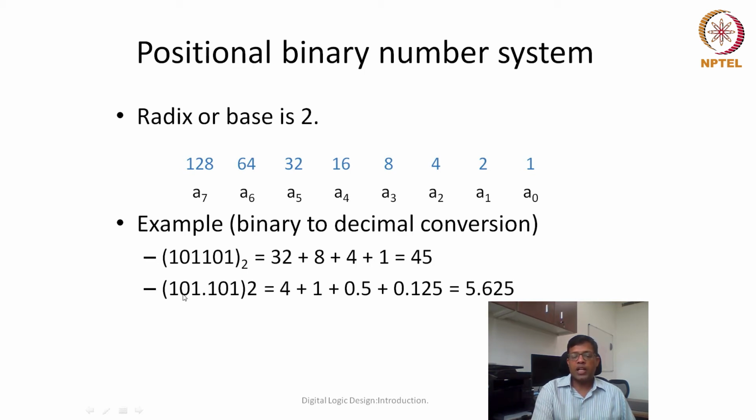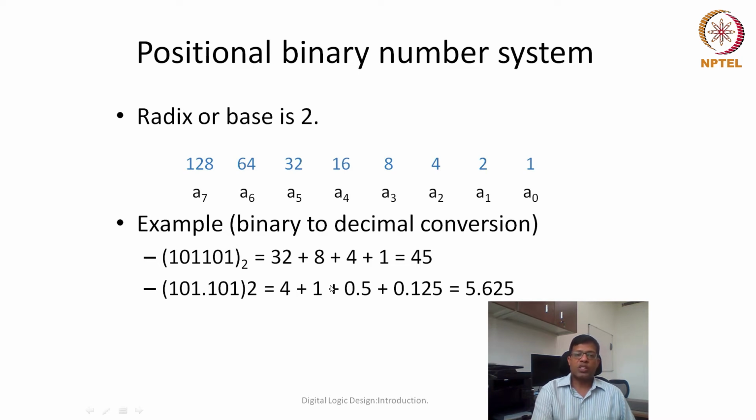Now a1 is 0, so we are ignoring this, we are not writing it in this calculation, and a2 is 1, a2 value is found to be 4, so 4 plus 1 we can write.